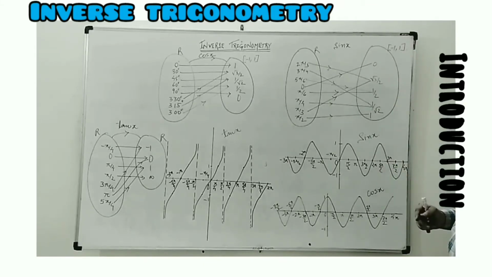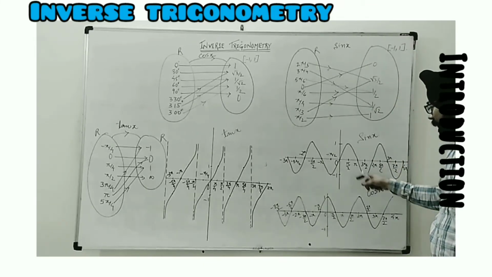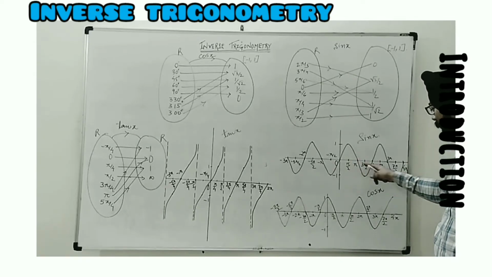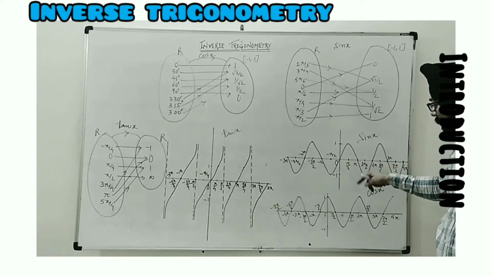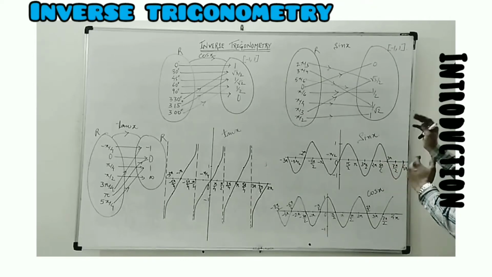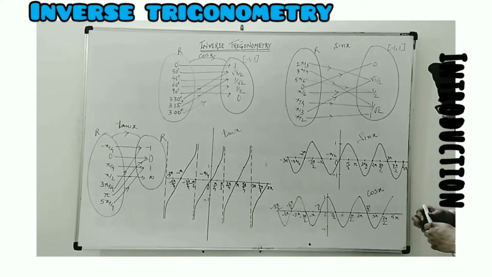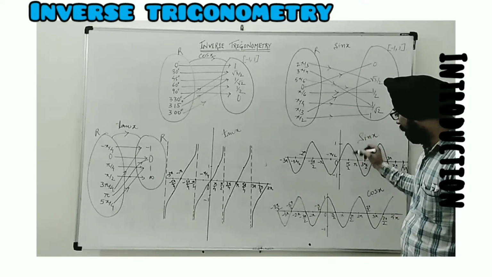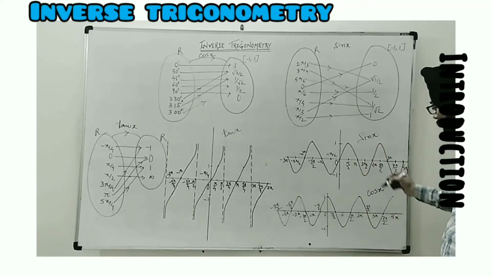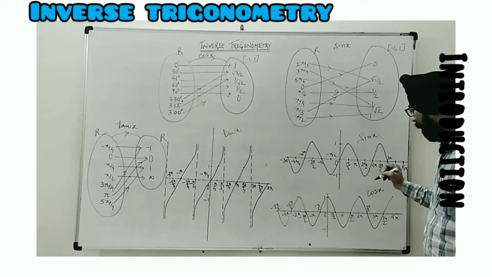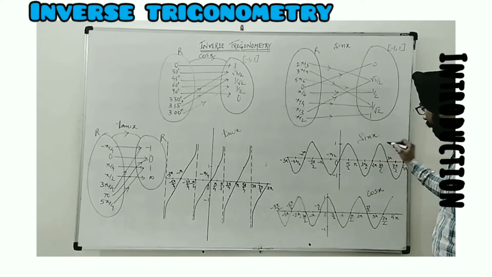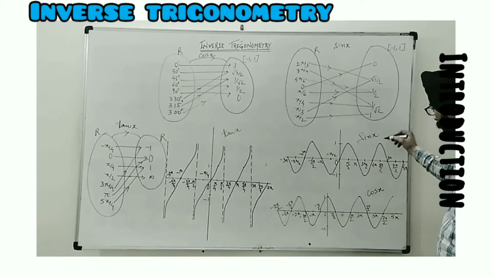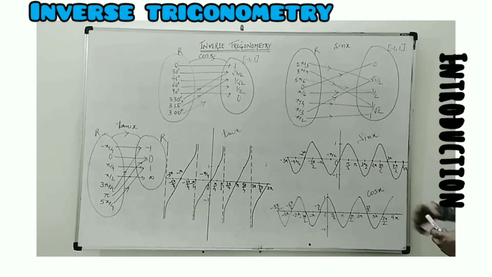The graph also suggests this. How do we understand whether this is a bijective function or not? If pi by 2 has the image 1, which is standard and easy to understand, then this image 1 repeats a second time, and if we go ahead, it will keep repeating.